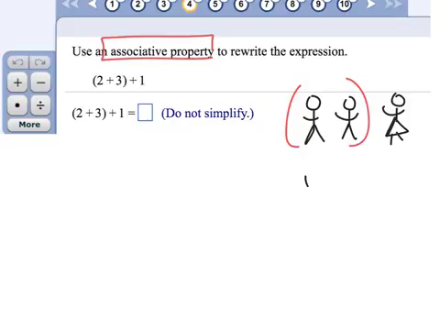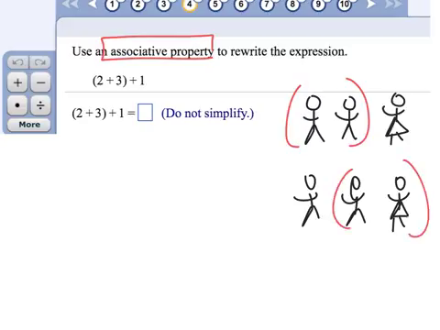Or you might have the same 3 kids, but now suddenly the boy is going to associate with the girl, and then they're excluding this kid. So the associative property basically means who is being grouped with who.